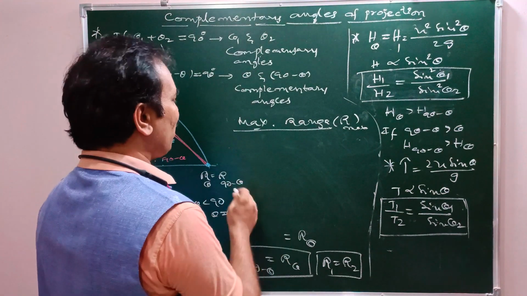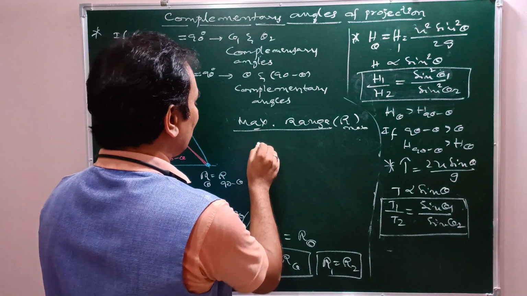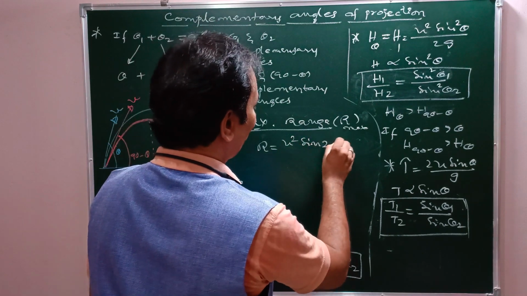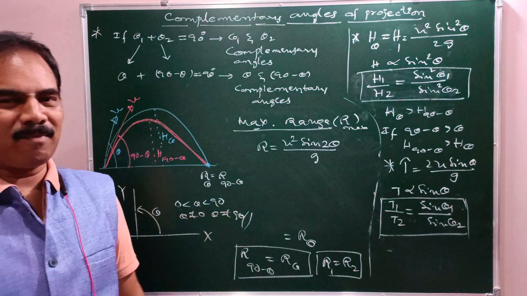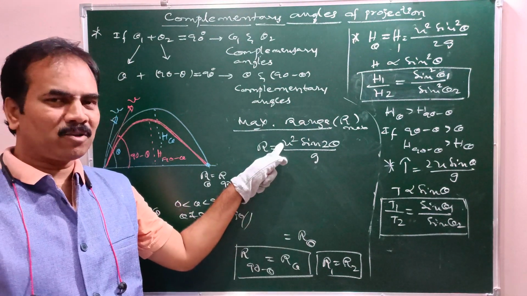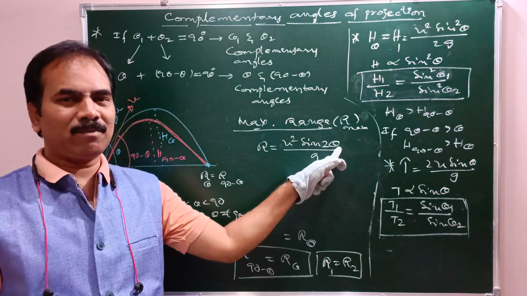So if you want to know that point, take the expression right now, that is R equal to u square sine 2 theta by g. Am I right? Range becomes equal to u square sine 2 theta by g. So at a given place g is constant. For a given speed of projection, u is constant. But what is variable here? Theta is variable.